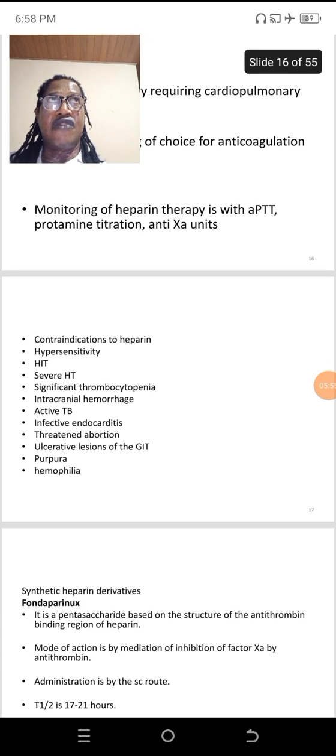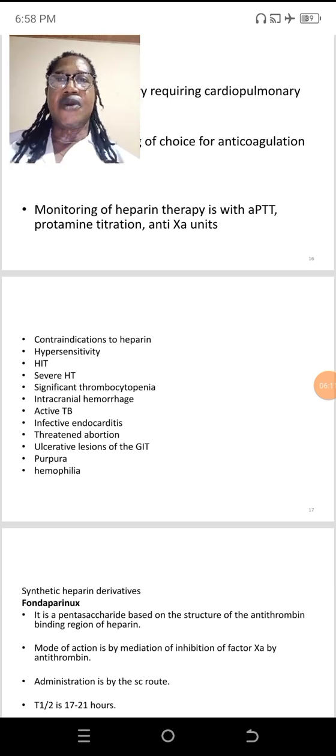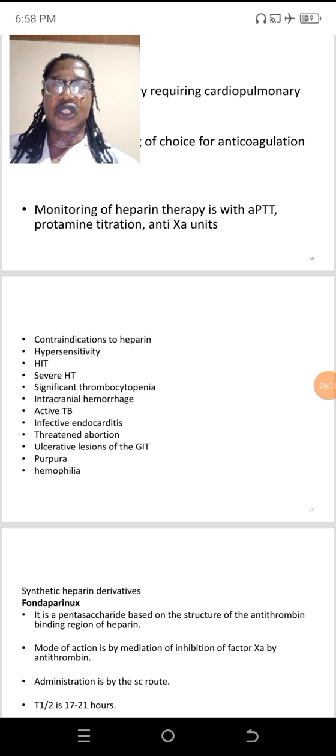Contraindications to the use of heparin include hypersensitivity and heparin-induced thrombocytopenia. And what is heparin-induced thrombocytopenia? This is a hypercoagulability state that develops about 7 to 10 days after onset of administration of heparin.